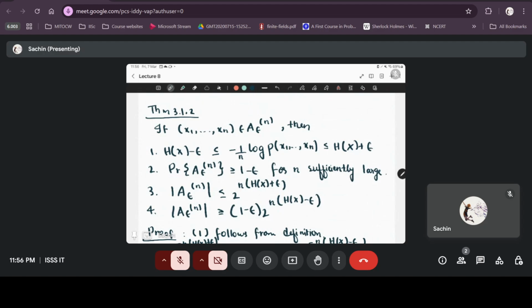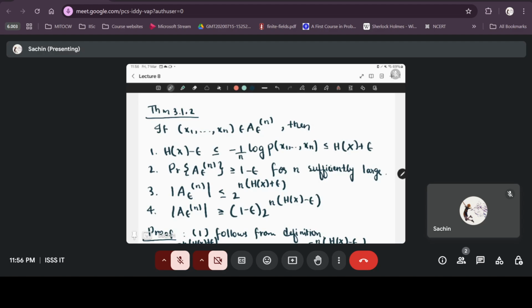Okay, so I'll repeat that again. There are three main statements that you can say about typical sets. The typical set is a high probability set that contains most of the sequences that are likely to occur, so it's a set with a probability close to 1.